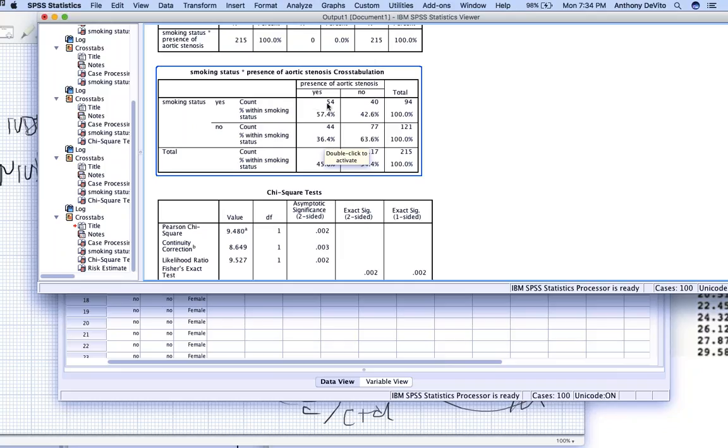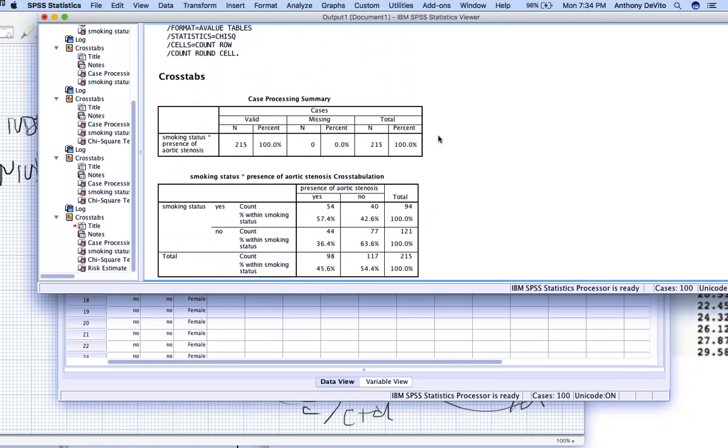So I'm just taking the risk for smoking and dividing by the risk for non-smoking, and that gives me my relative risk, right? In other words, that's 54 over 94 divided by 44 over 121. A over A plus B divided by C over C plus D. It's the same way we calculated if we had done it manually.